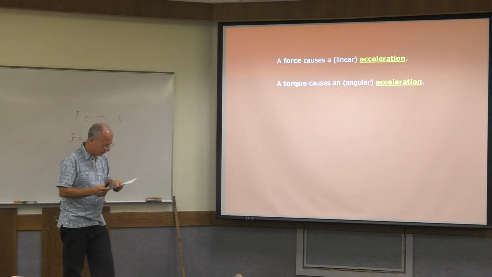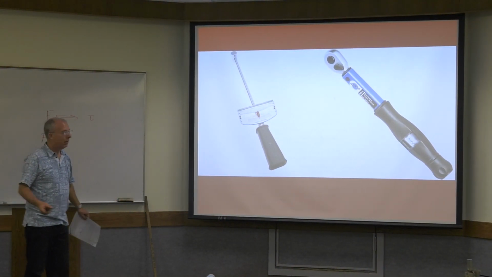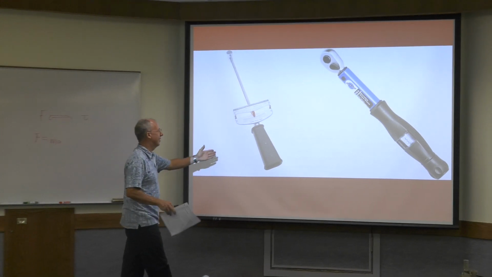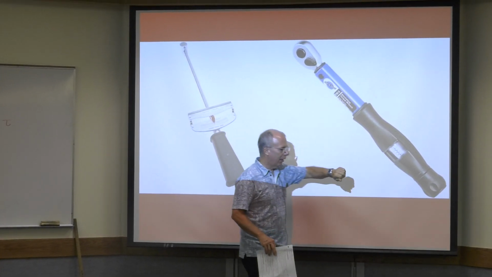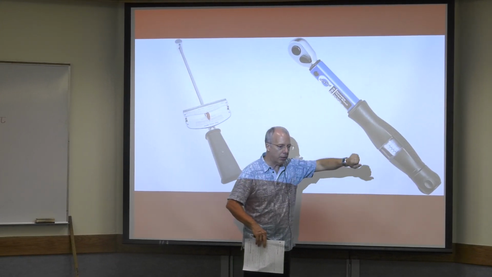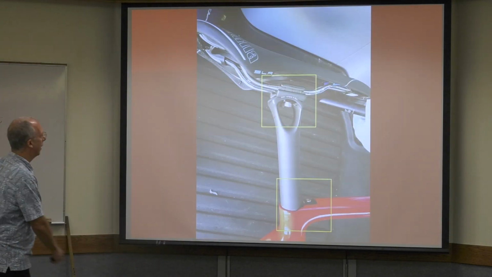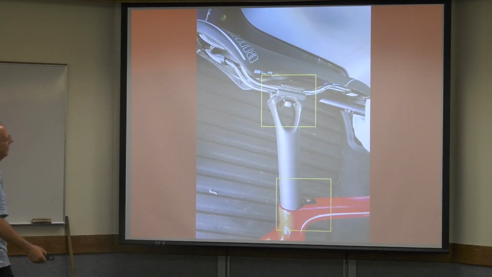Now, have you ever heard of a torque wrench? So these are called torque wrenches. They measure torque. So if you're tightening up a screw, they measure how much rotational force you're applying. Why would you want to do that? Well, here's my bicycle.